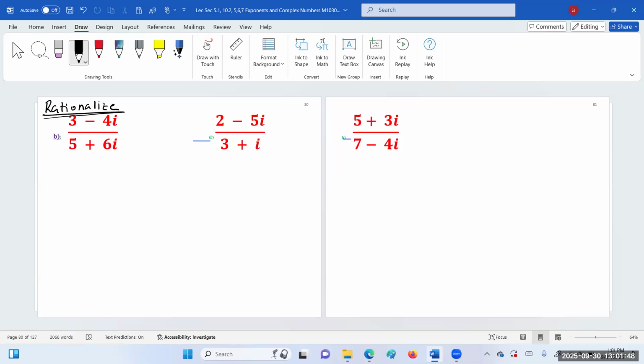It's 6 square and i square. It's 26 square. It's not 6, it's 61.